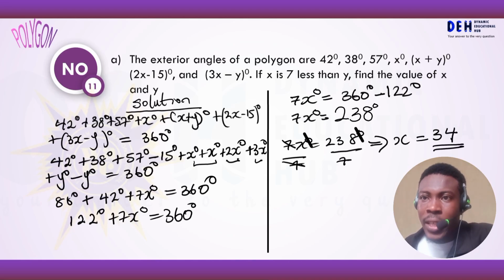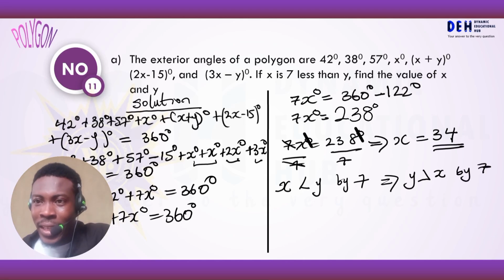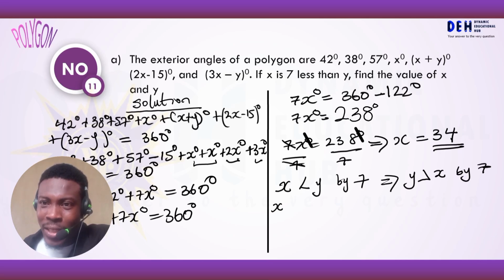There is a statement here that we can use to get the value of y, which is that x is less than y by 7. It also implies that y is greater than x by 7. If you want to change this greater than, less than to an equal sign, it's very simple. For x to be equal to y, you are going to add 7, so x plus 7 should be equal to y.